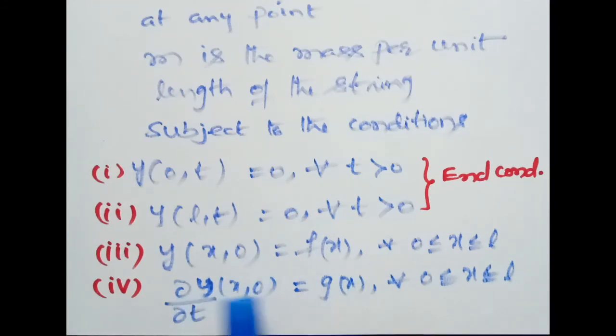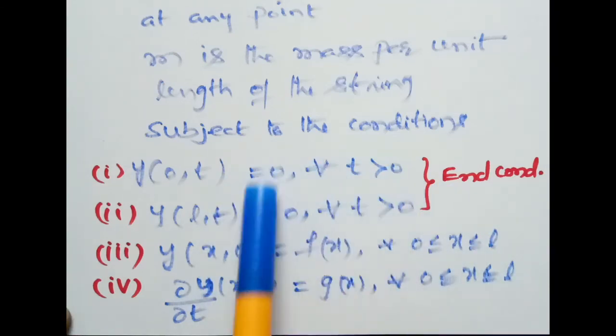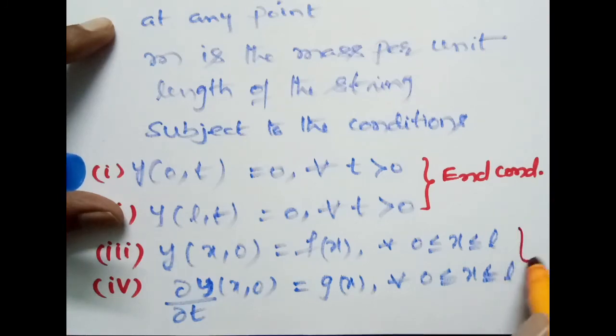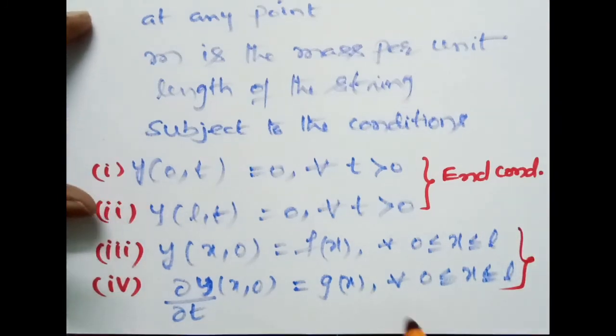There it is equal to g of x. These are the boundary conditions, and these two are initial conditions.